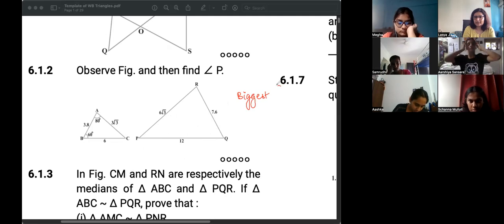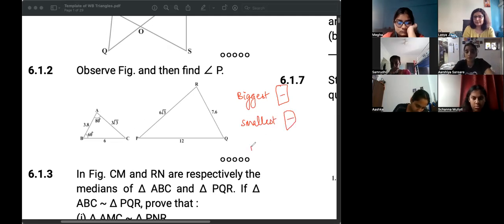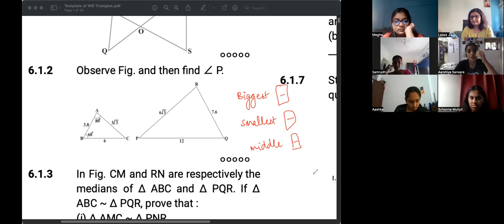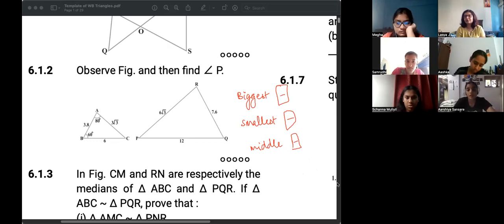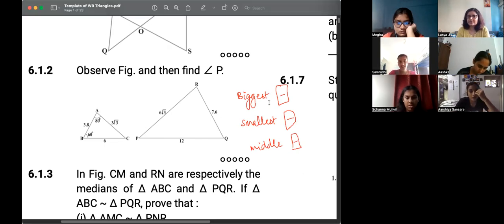So find the ratio of the biggest, then the ratio of the smallest sides, and then the third one, the middle one, find their ratio. Then all three should be equal. So when you're given numerical problems, where it's not directly given that the ratio is the same, pick the biggest first, then the smallest, then the leftover one.